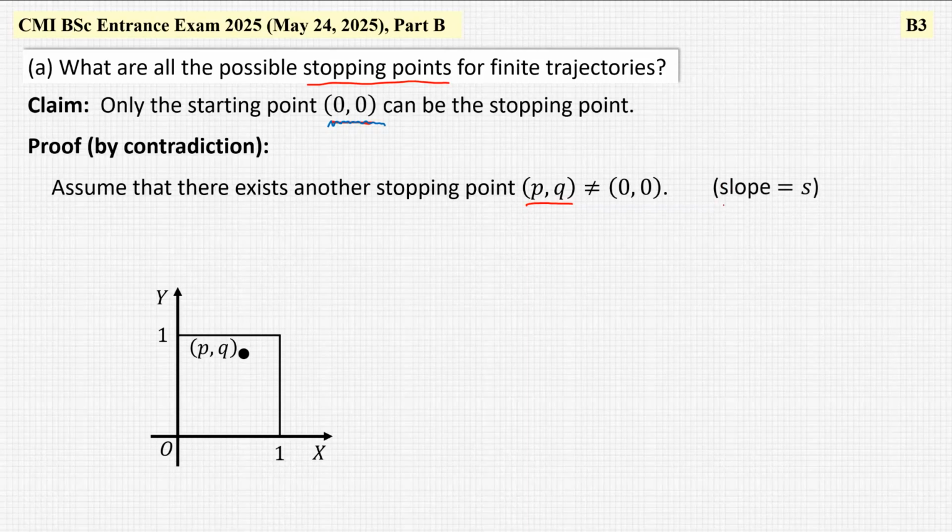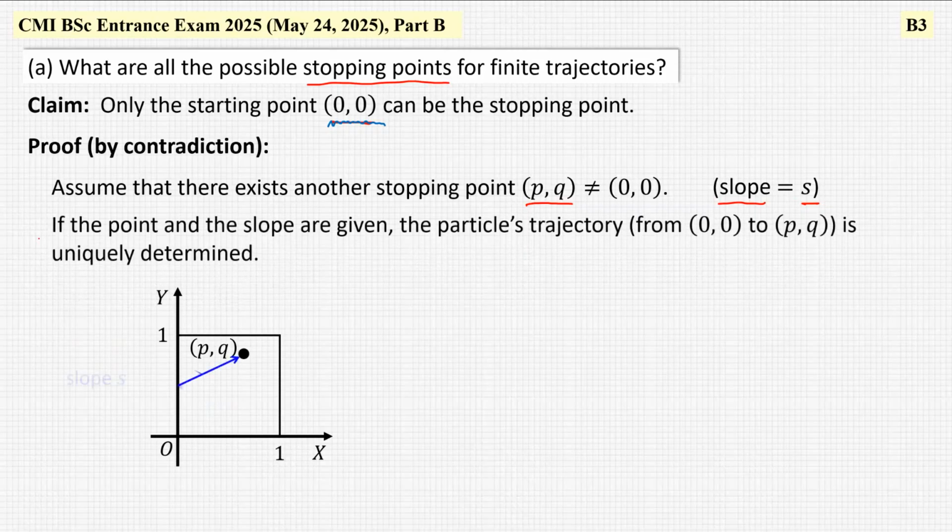Then there must also exist at least one slope S leading to that stopping point. Because there can exist only one line that passes through the given point with the given slope, the particle's trajectory originating from (0, 0) and terminating at (P, Q) is uniquely determined if those two pieces of information are given.